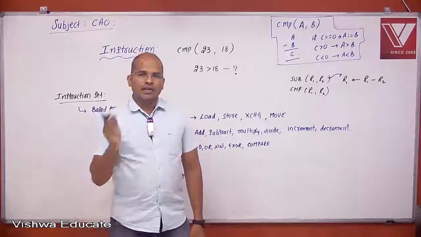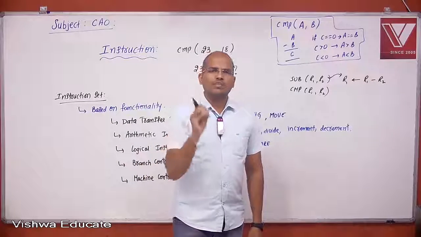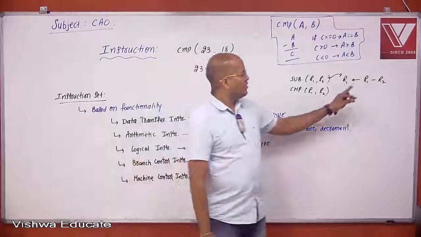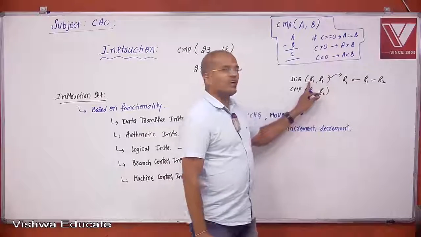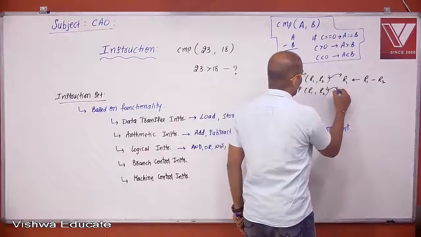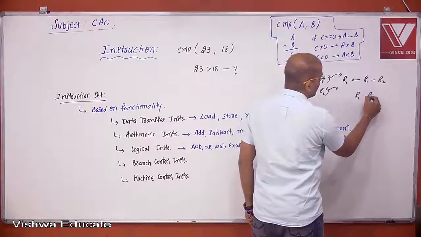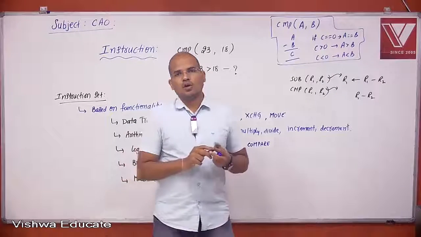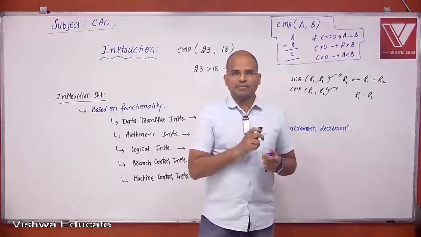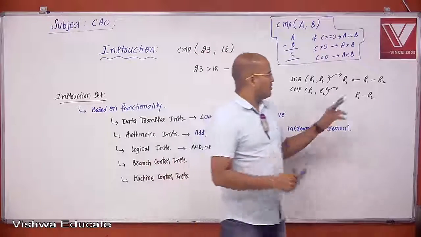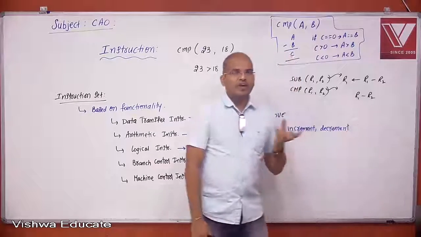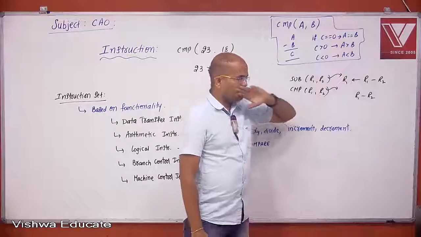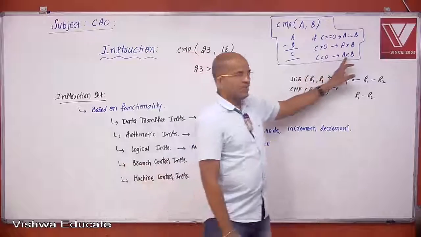Any previous data of R1 is removed and the result is kept in R1. So the initial value of R1 is lost. And when I say compare R1, R2, it only performs R1 minus R2. The results are not stored in either R1 or R2, and the results are kept in buffers. As the results are kept in buffers, the values of R1 and R2 are retained, and we jump to conclusions saying that A is more than B or A is less than B.